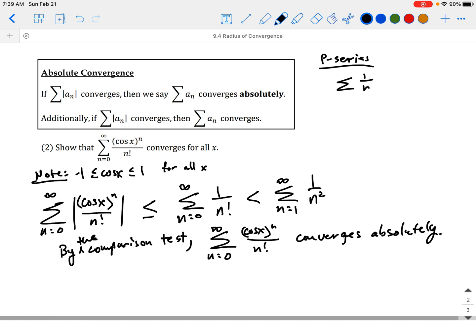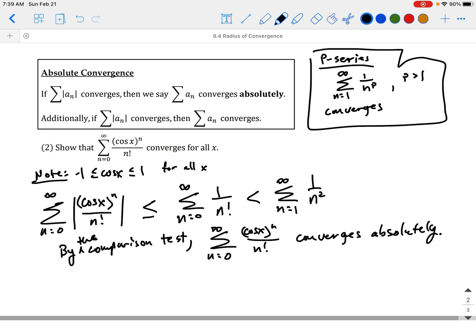So p-series is, if we consider any series where it looks like 1 over n to the p, where p is greater than 1, then we'll get convergence. So 1 over n to the p converges. So that's our p-series test.